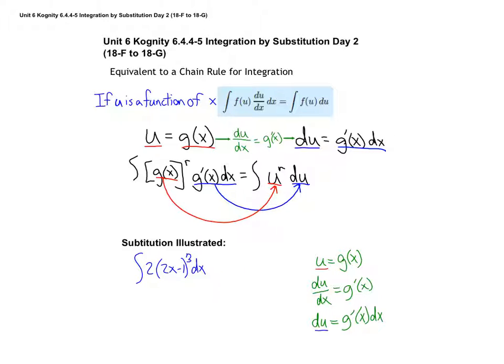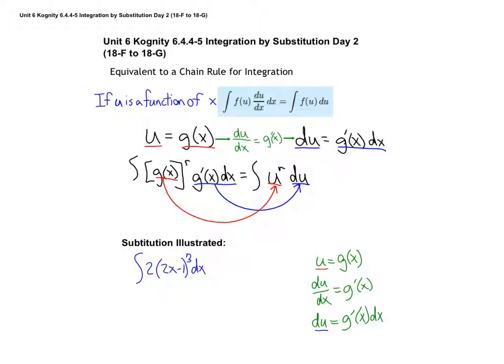Okay, now it will work also for the ones that have linear functions inside. And actually that's why we were able to simply use that 1 over a idea in our previous lesson. But I want to show you what we're doing here, okay?